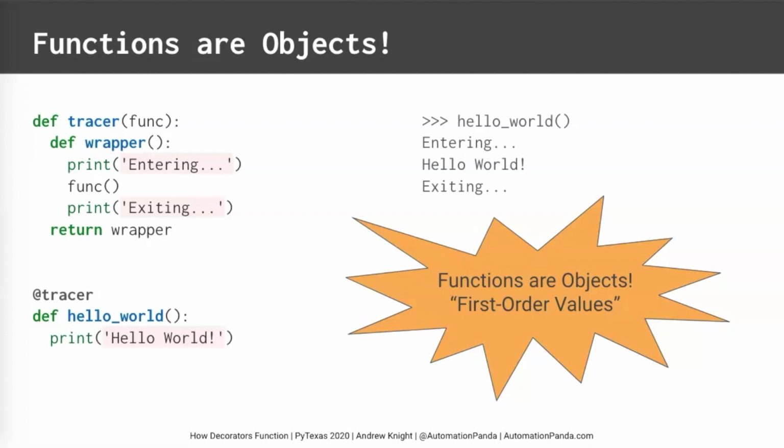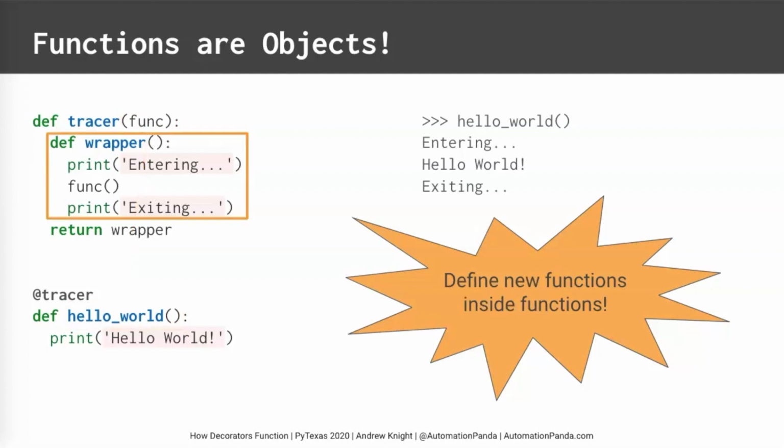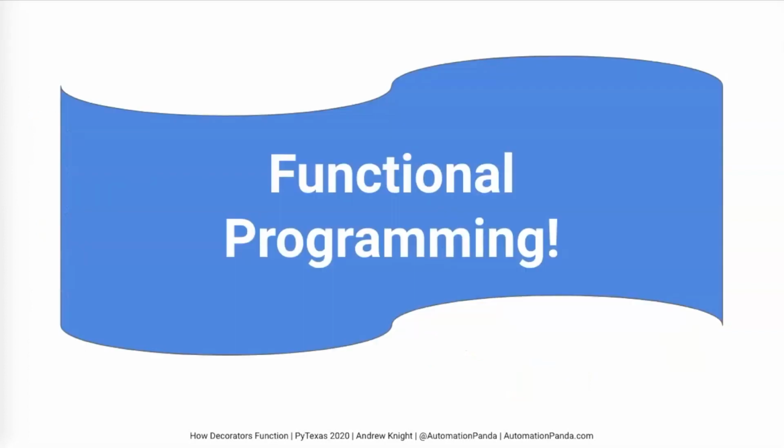Since functions are just objects in Python, we can pass them into other functions as arguments, define new functions inside existing functions, and return a function from a function. This is all part of a paradigm called functional programming. Python supports functional programming because functions can be treated like objects, and that's awesome.